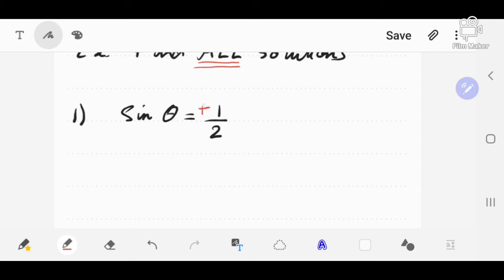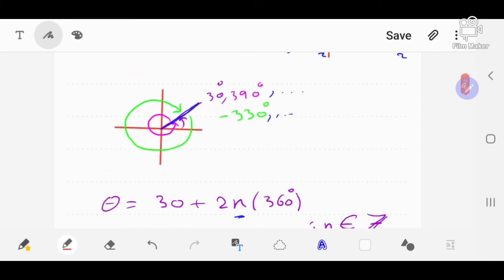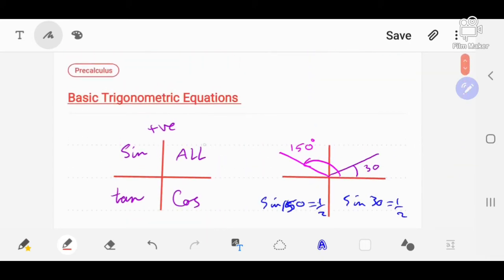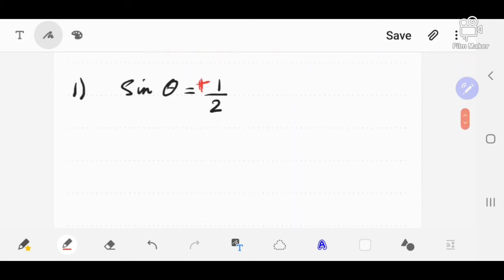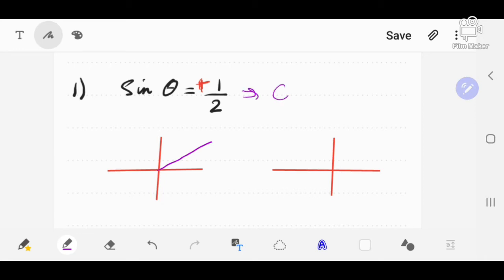Well, it's positive half, which means I'm talking about angles in the first and second quadrant. Which angle? The angle whose sine is equal to half. So if I'm in the first quadrant, what's the reference angle for this?